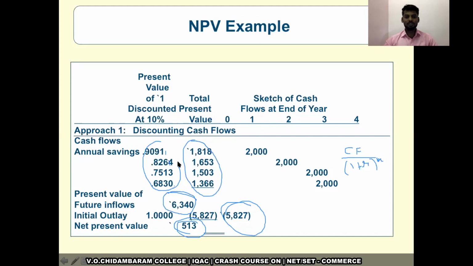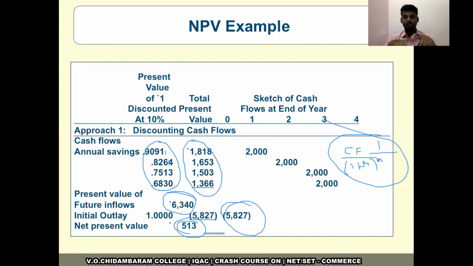Don't worry about these values. They are derived using this formula. If 1 rupee is your cash flow, these are the values arising using this formula.